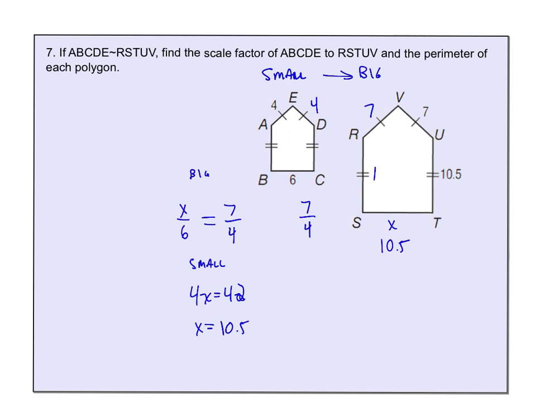So now let's work backwards and figure out these sides. Call those y. So that's going to be y over 10.5, and that will equal 4 over 7. So 7y equals 42. Little division, y equals 6. So these all end up being 6.